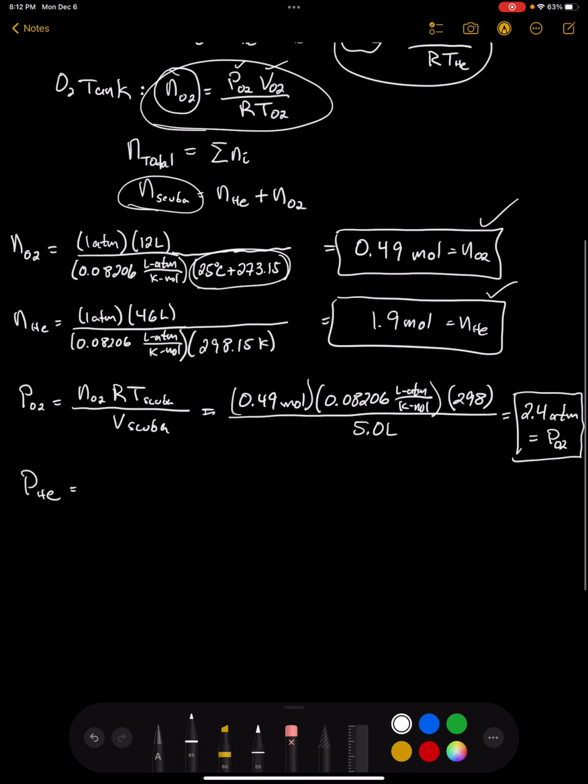So the pressure for the helium is the number of moles of helium times the gas constant times the temperature in the scuba tank, divided by the volume in the scuba tank.